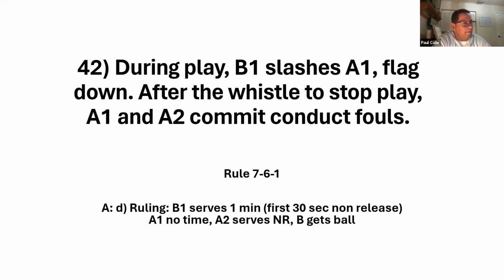If you go to rule 7-6-1, you could really see it laid out. These are simultaneous fouls, and there's a series of simultaneous fouls. I think we covered that, but there's dead ball simultaneous fouls and there's live ball simultaneous fouls. So that's what that's about. I won't spend a lot of time on that, but 7-6-1 will cover that.